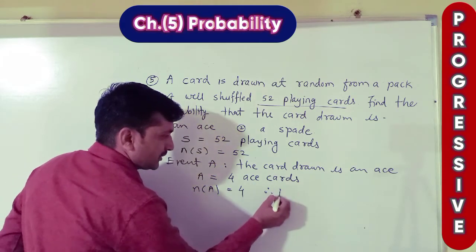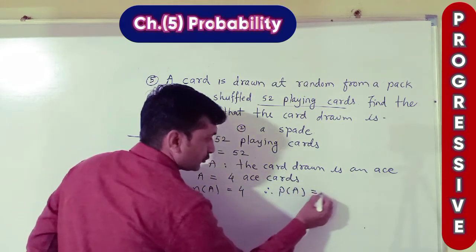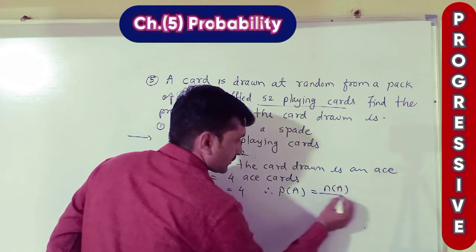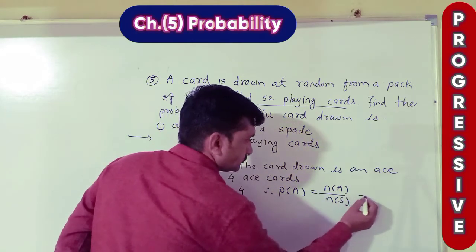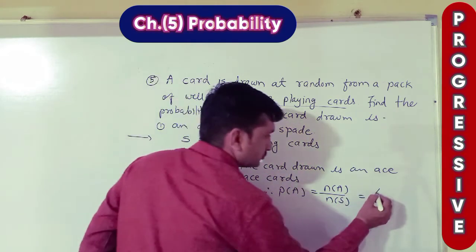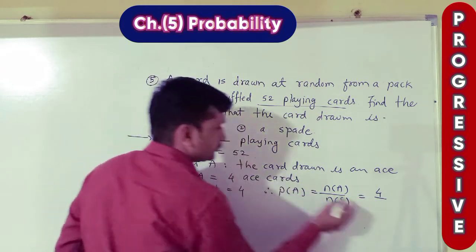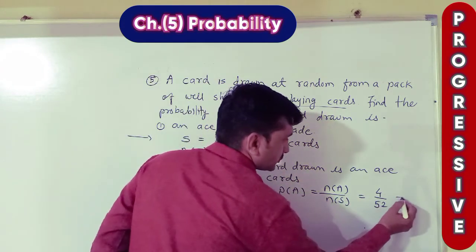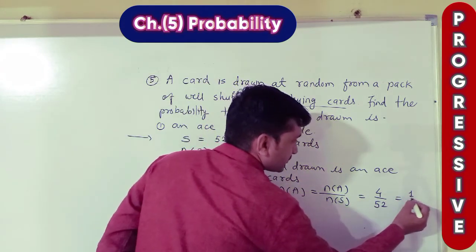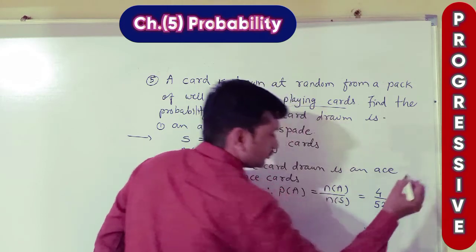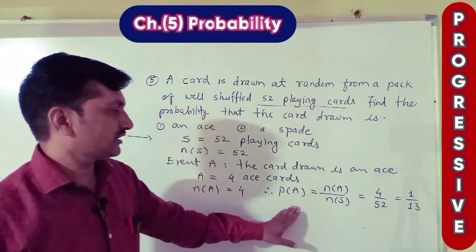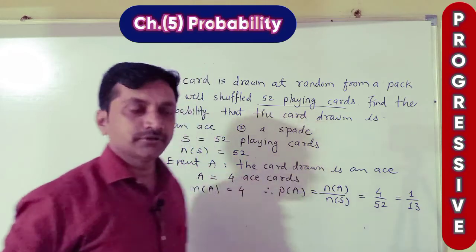Therefore probability of A is equal to NA upon NS is equal to NA 4 upon NS 52, reducible by 4. 4 1s are 4, 13 4s are 52, 1 upon 13. Probability of event A is equal to 1 upon 13.